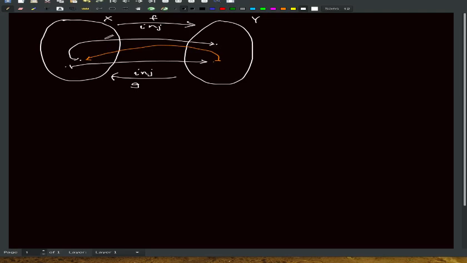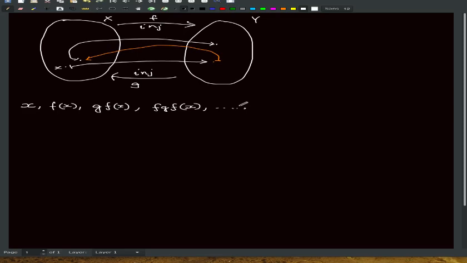Now what happens? So you start off with an x, then you take f of x, then you take g of f of x, then you take f of g of f of x, and so on.